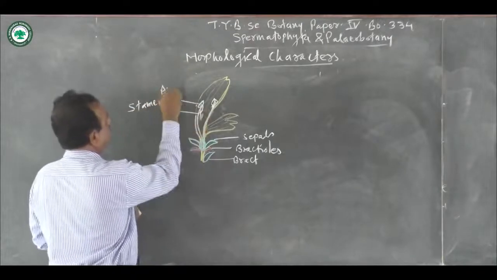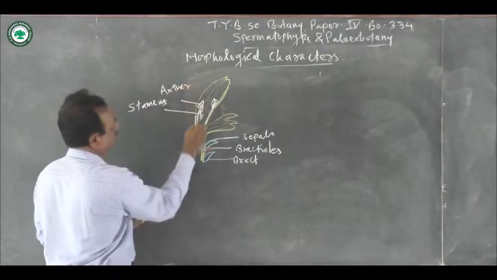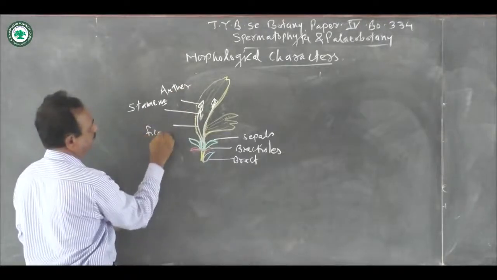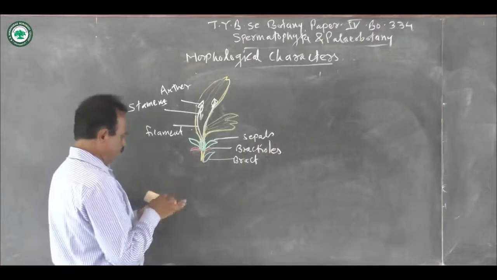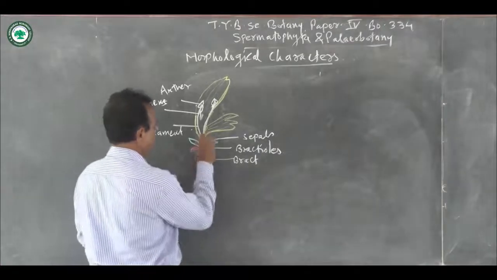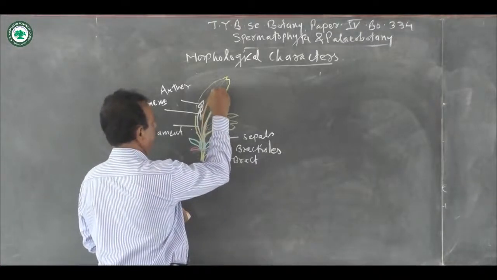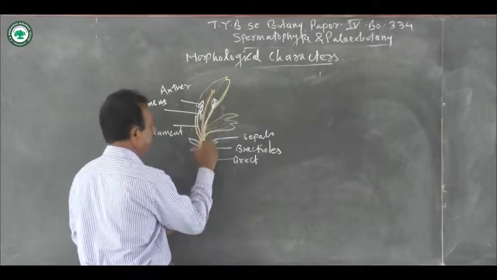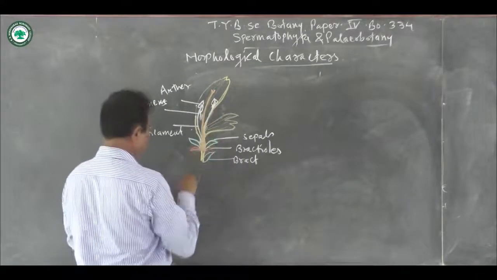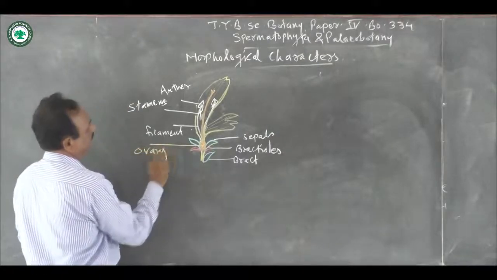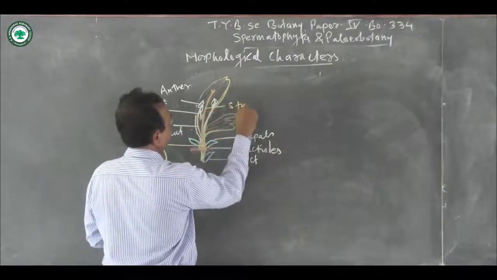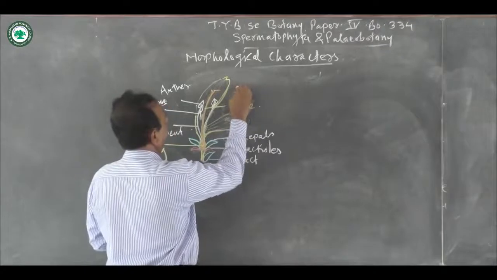It is the anther. This is the filament. And at the central inner whorl it shows the presence of the gynoecium, where this is the ovary, this is the style, and this is the bilobed stigma.